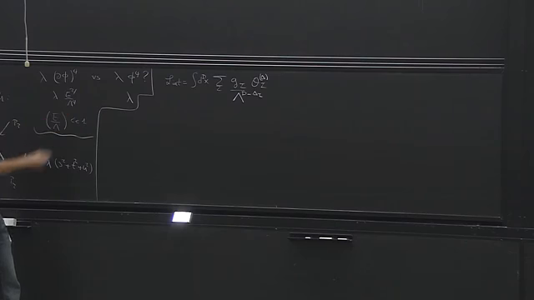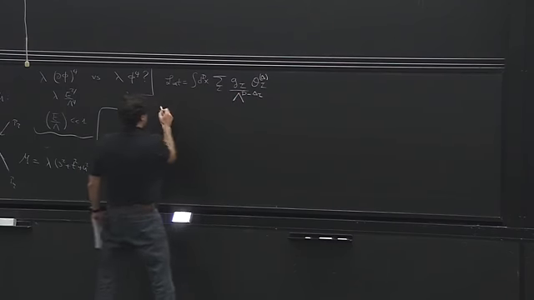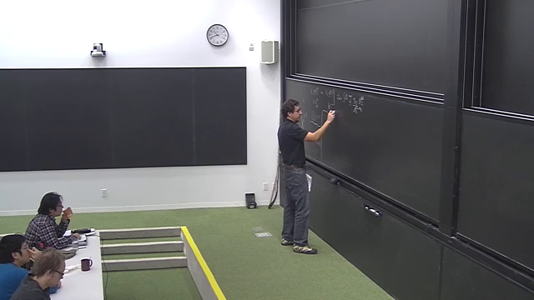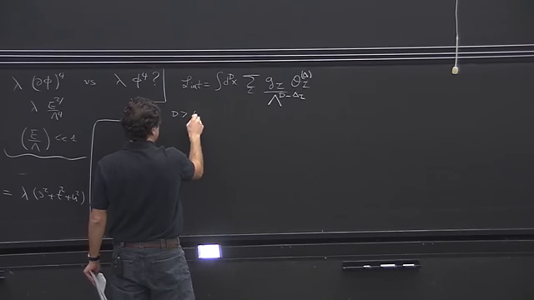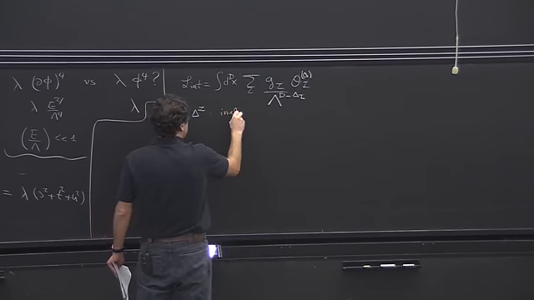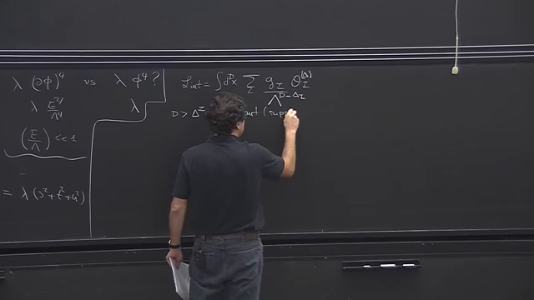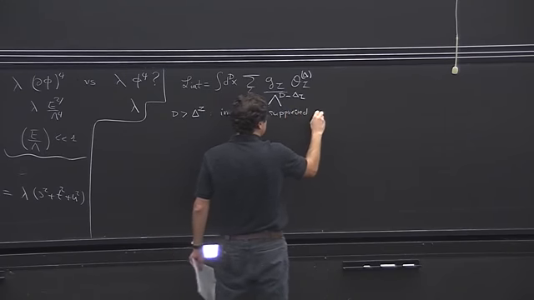And by this simple dimensional analysis, which is improved when you do a more careful analysis using the renormalization group equations, like the Callan-Symanzik equations, what you find is that if the operator has dimension bigger than d, then this operator is irrelevant, or suppressed at low energies.